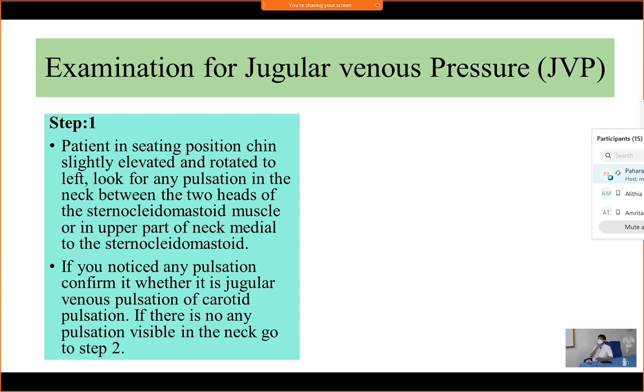Understand? So if you get a pulsation here in the neck region, medial to the sternocleidomastoid muscle or between the two heads of the sternocleidomastoid, then try to differentiate whether it is actually jugular venous pulsation or carotid pulsation. And if you do not get any pulsation, then we will go to the second step.